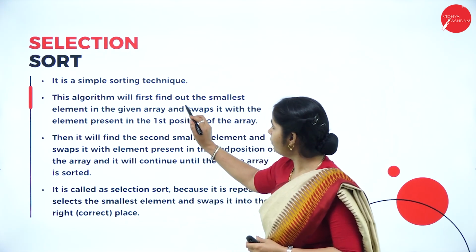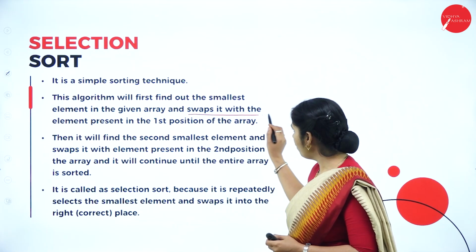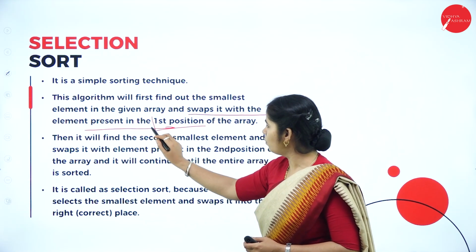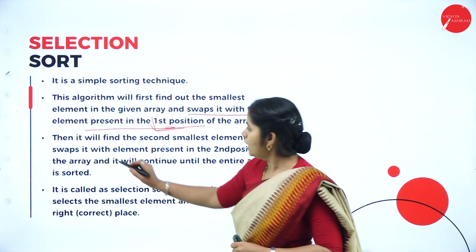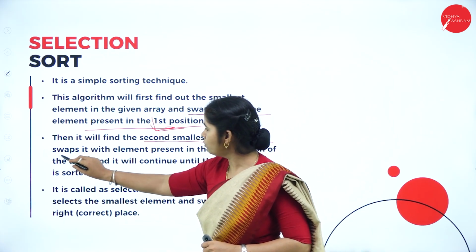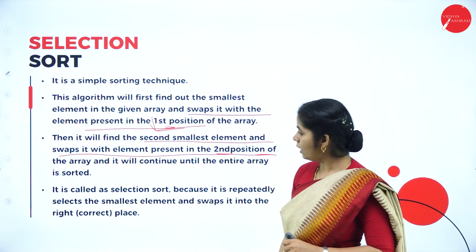This algorithm will first find out the smallest element in the given array and swap it with the element present in the first position of the array. Then it will find the second smallest element of the array and swap it with the second position of the array, right?